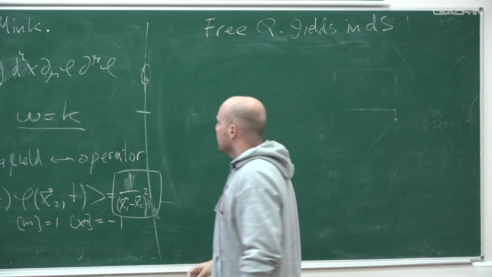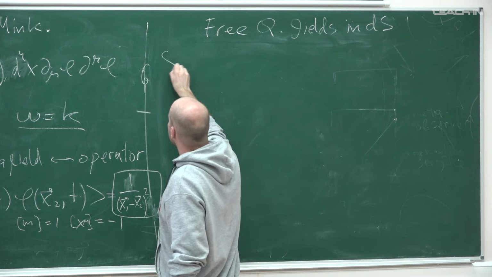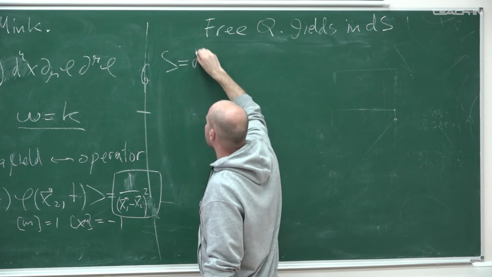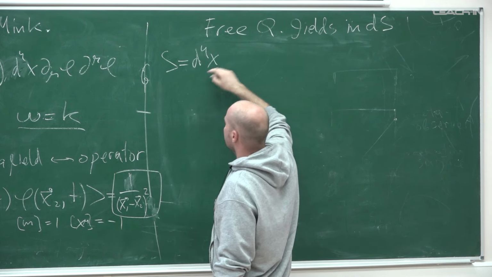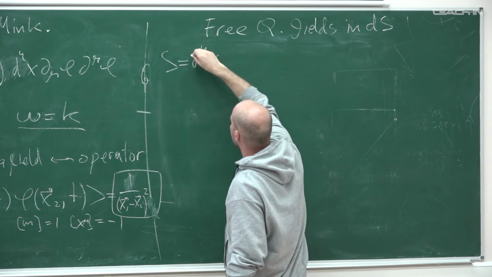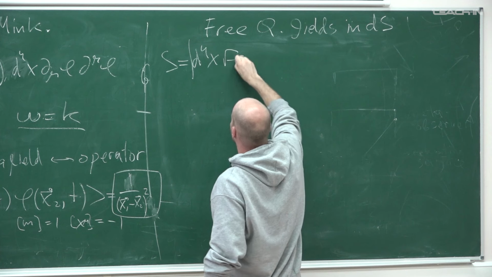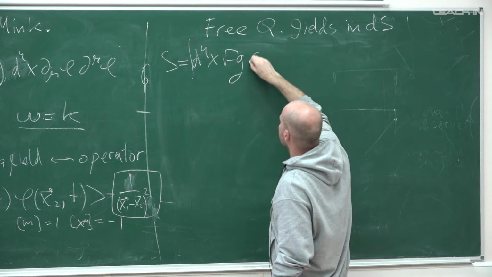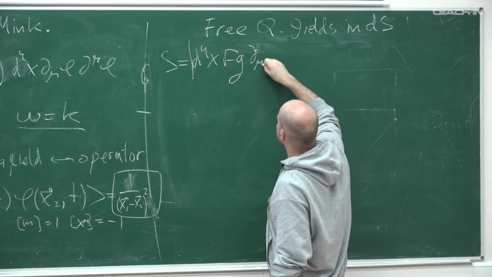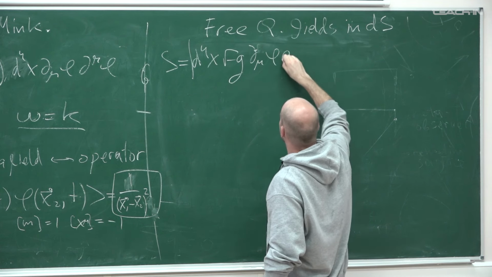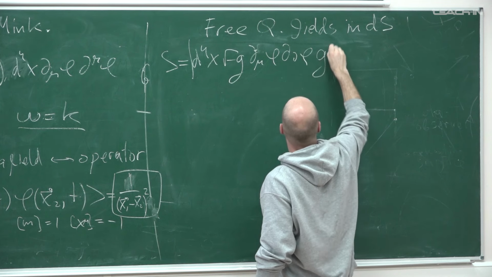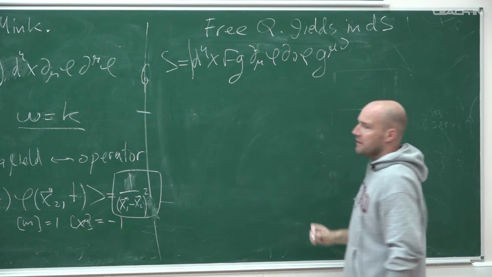Okay. So the action is not hard to guess, right? We now replace the Minkowski metric eta mu nu with g mu nu. So we have square root of minus g, like we have in GR, and then we have d mu phi, d nu phi, g mu nu, right?